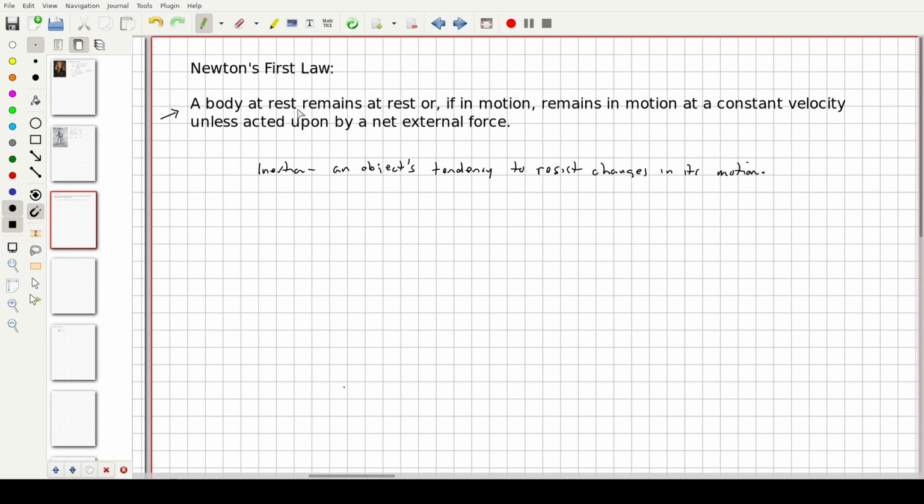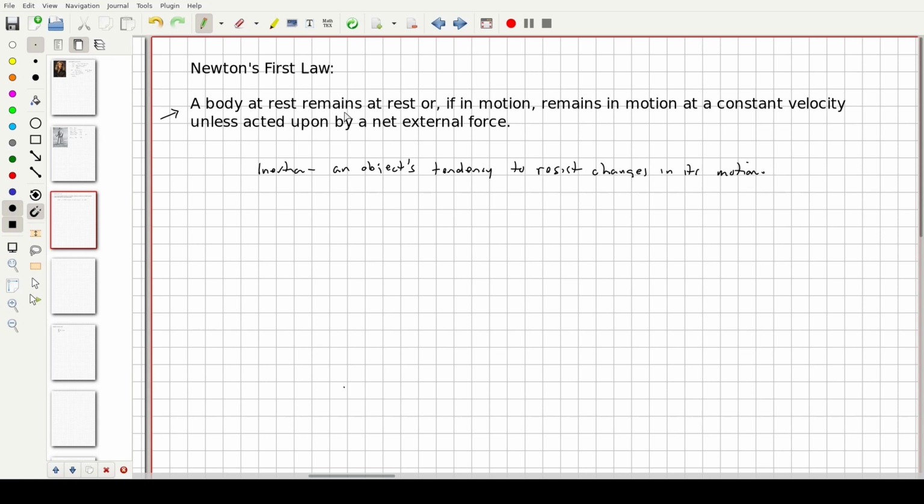Objects like to remain at rest, or if they're moving, remain moving. This contradicts Aristotle's view of physics, if you remember way back when I said that the Greek view placed objects at rest as their natural state. Here, an object's natural state is to continue doing whatever it's doing.